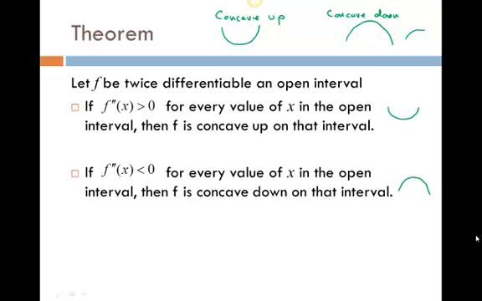So if you take the second derivative, it's the rate of change of the rate of change. When we were talking about rectilinear motion, the first derivative of the position function was velocity, and the second derivative was the rate of change of velocity, which turns out to be acceleration.